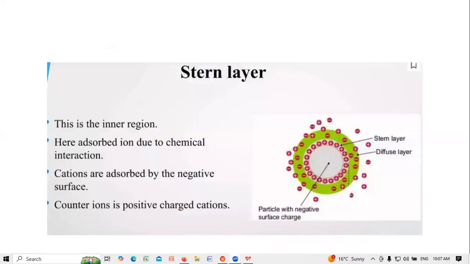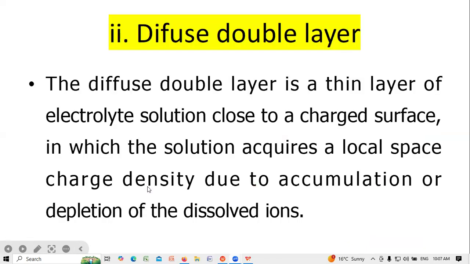This is the Stern layer, the inner layer. This inner region contains the adsorbed ions due to chemical interaction. Cations are adsorbed by the negative surface; counter ions are of opposite charge.